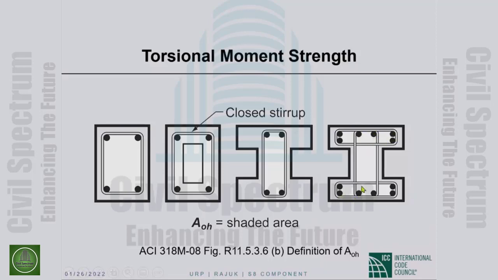There are 3 pieces if you like, but the white area is A sub 0 h. The P sub h is the perimeter of the center line of the outermost closed torsional reinforcement. A sub 0 h is the area enclosed by that perimeter. That would include any holes that there may be in the section.